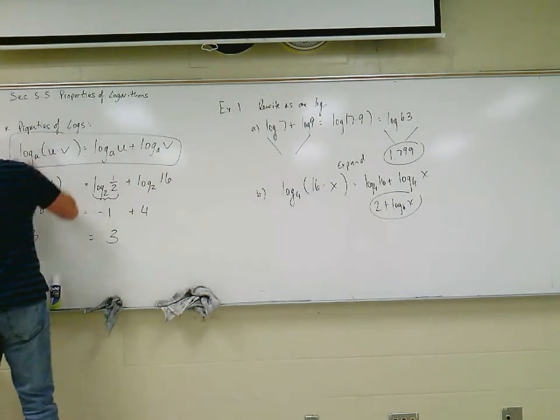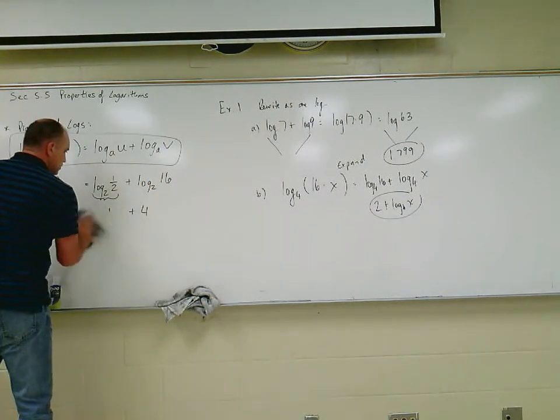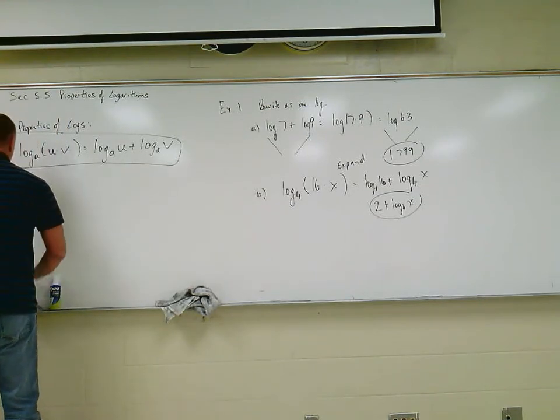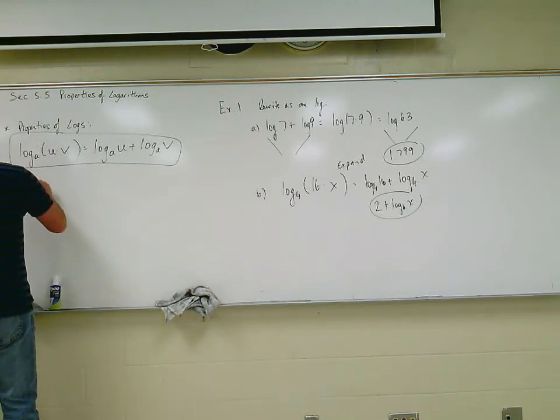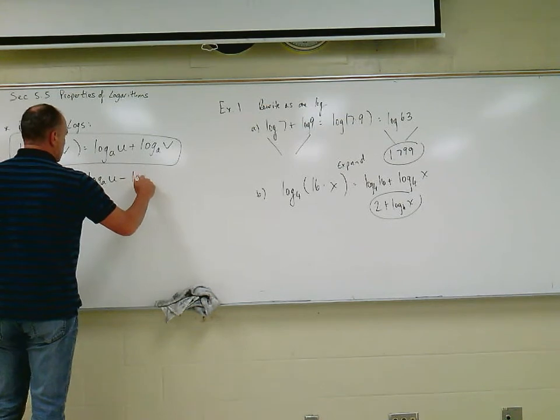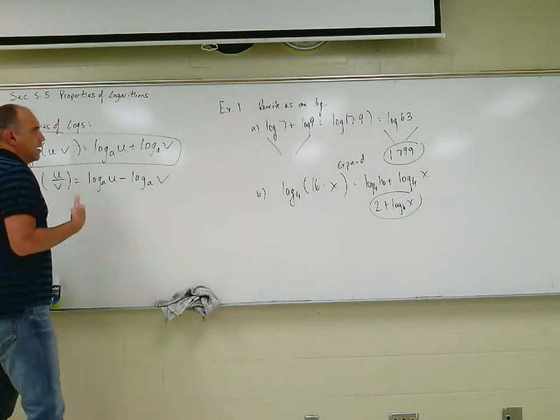The one that is very similar to this, if you have division, 1 log of division is 2 logs of subtraction, and it would work pretty much the same way, okay?